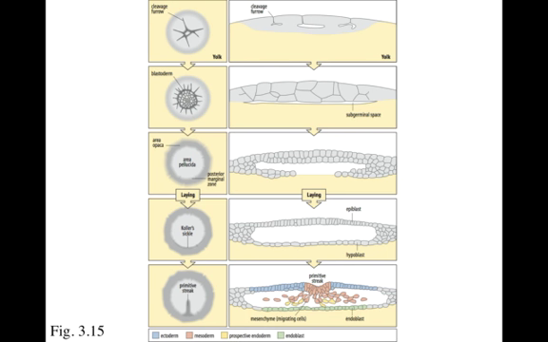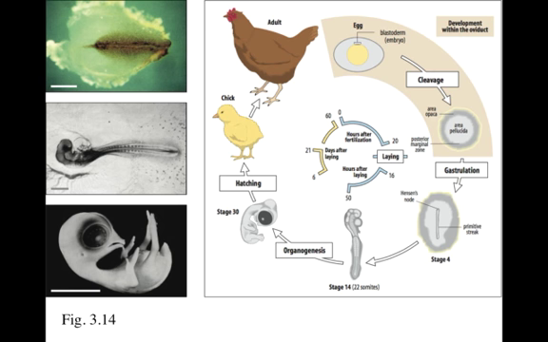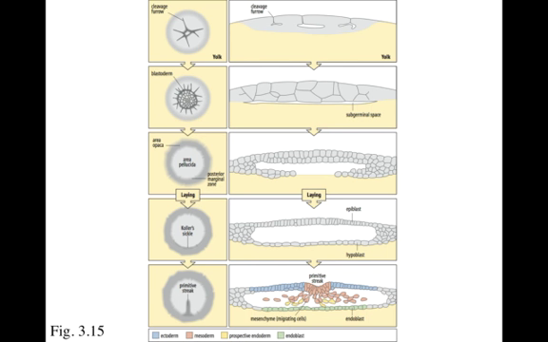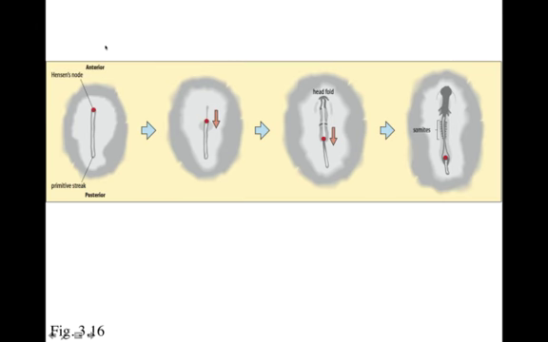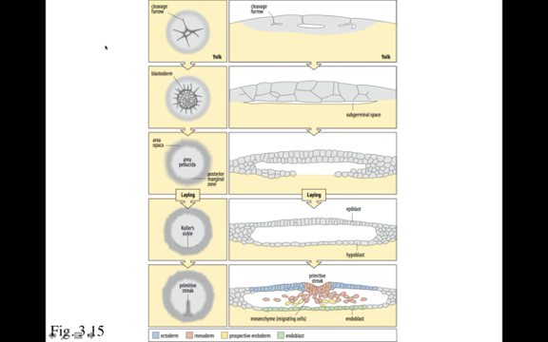You can kind of see here that these are attempts to divide into separate cells, and the cells can't fully divide. And so that's called incomplete cleavage. So here's the big egg cell, and again, there's lots of yolk.